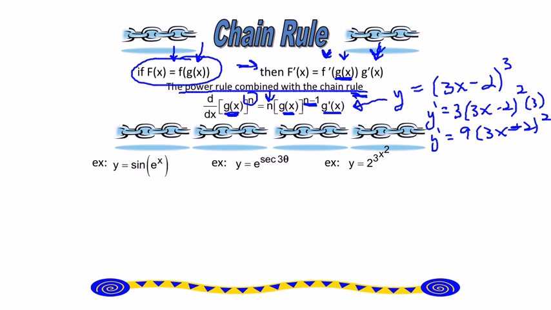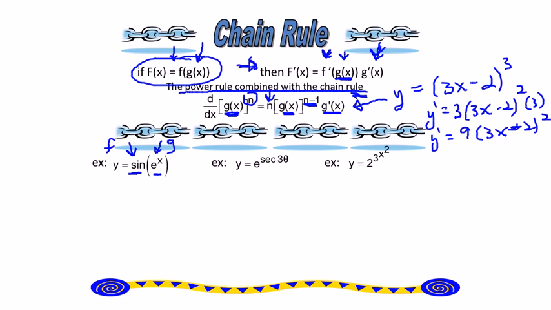Now let's look at some examples of the chain rule in general. The first one, we have sine of e to the x. Our first job is to decide which one's the inside and which one's the outside. The inside one, hopefully you'll be able to tell, is kind of embedded inside. So sine would be our outside function, that would be f if we're going by the rule. And e to the x would be our inside function, and it is g.